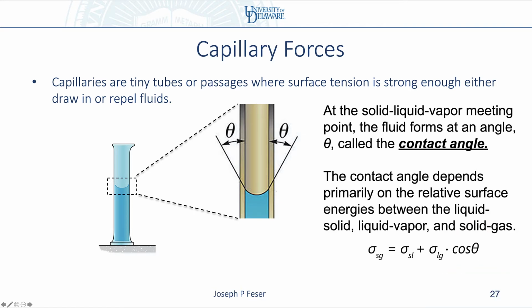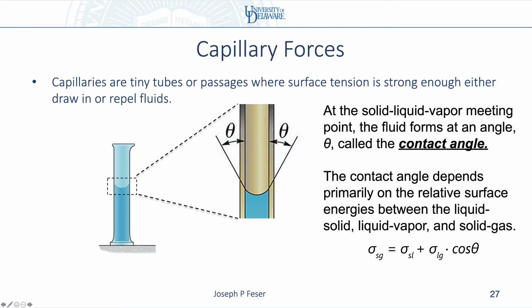And that's called the contact angle. The value of that contact angle will be different for different solid, liquid, vapor interfaces. So depending on what your fluid is and what the solid is that it's contacting, there'll be a different value for that.